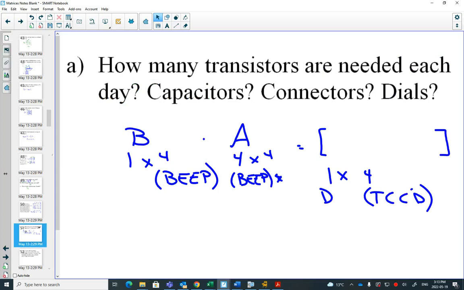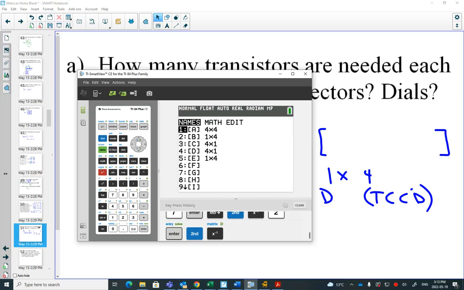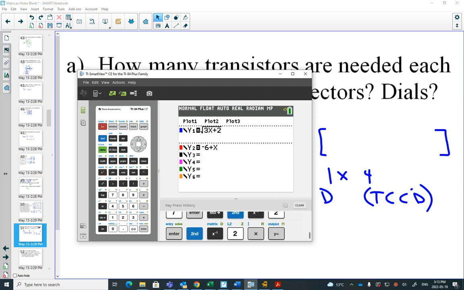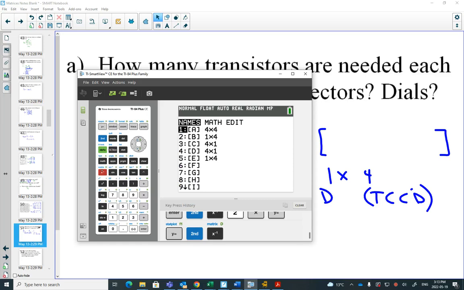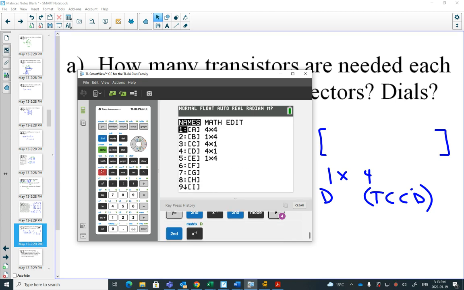What math did we need to do? B times A. So second matrix B times second matrix A. I'm so adept with these buttons.